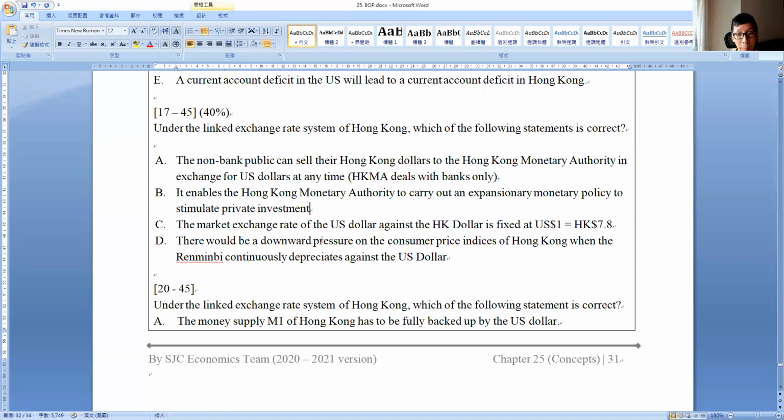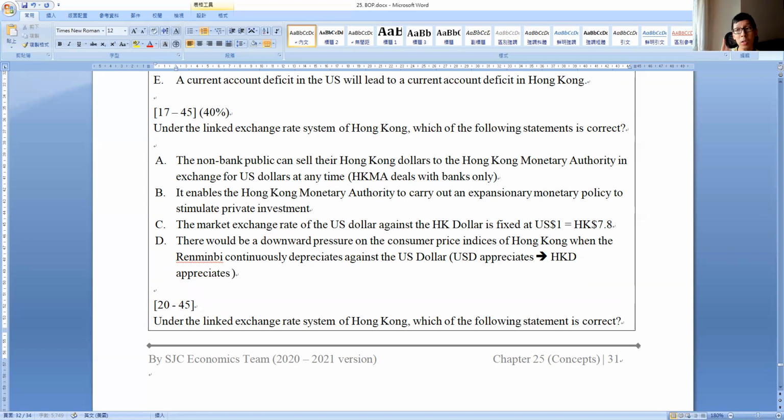There will be a downward pressure on the CPI of Hong Kong when renminbi continuously depreciates against USD. 好啦，即係咩意思啊？USD appreciates, meaning Hong Kong dollar also appreciates, right? 好啦 when Hong Kong dollar appreciates, what happens to the price in terms of Hong Kong dollar for those imported goods from China?